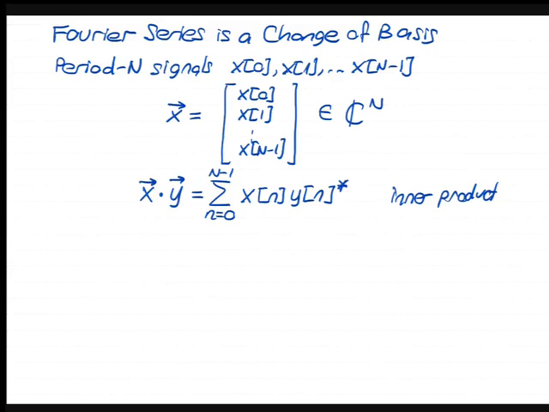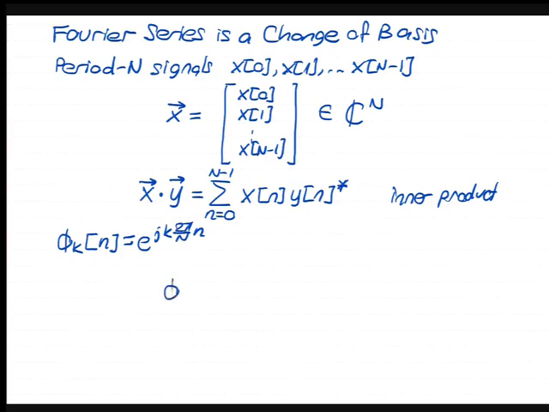So what? I just rewrote the sequence in vector form. What's the big deal, right? Well, the important thing is that those functions phi k that we've been using in our Fourier series expansion, remember, phi k was e to the j k 2 pi over n times n. Those I can also write as vectors.